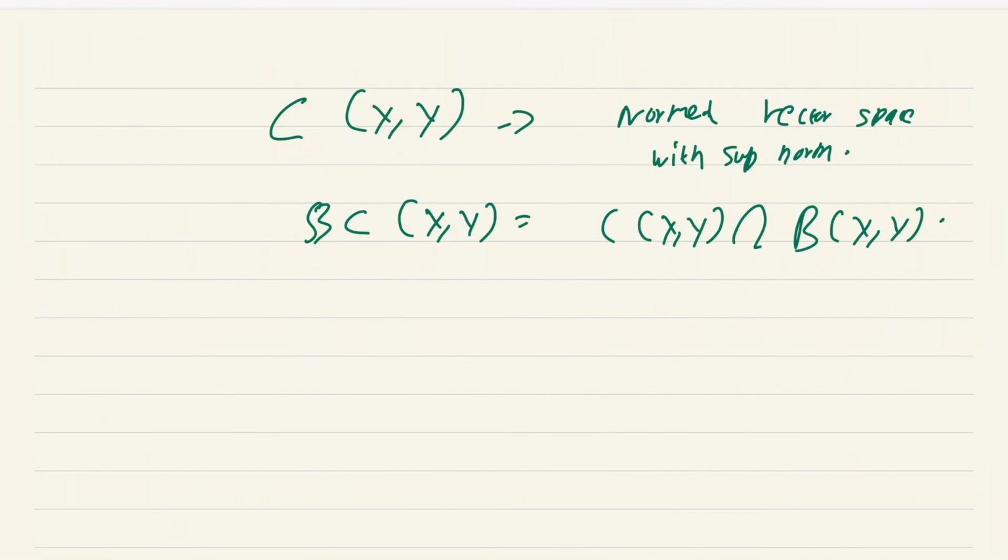And exactly as before, we will see that this is also complete. Okay. Later, towards the end of these set of videos on metric spaces, we will study the compact subsets of this BC(X,Y). Okay, that is the famous Ascoli-Arzelà theorem.